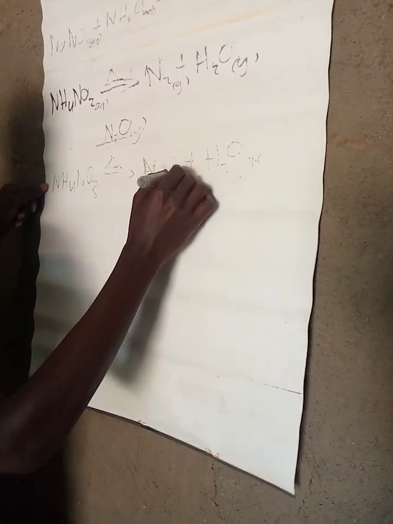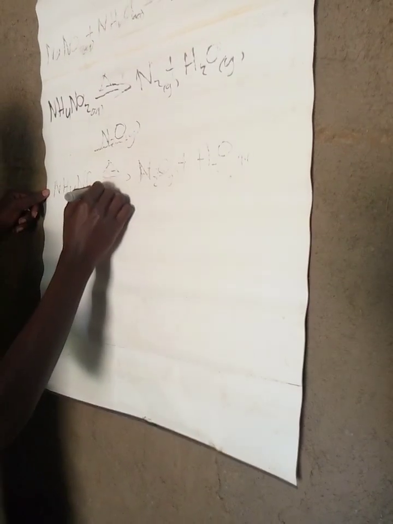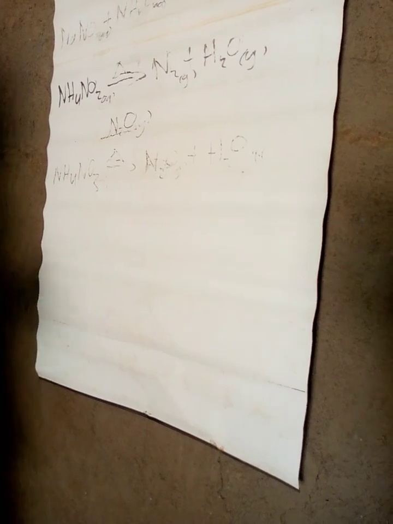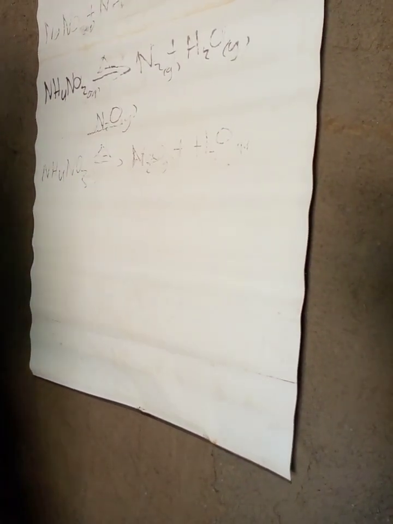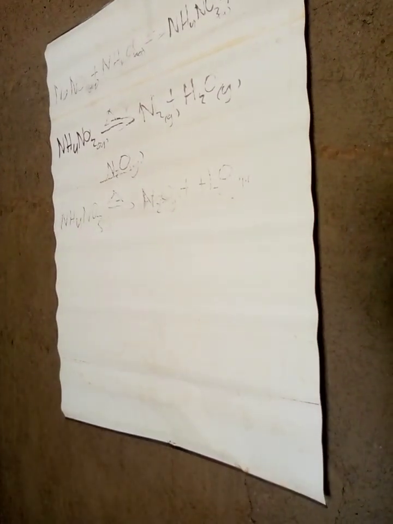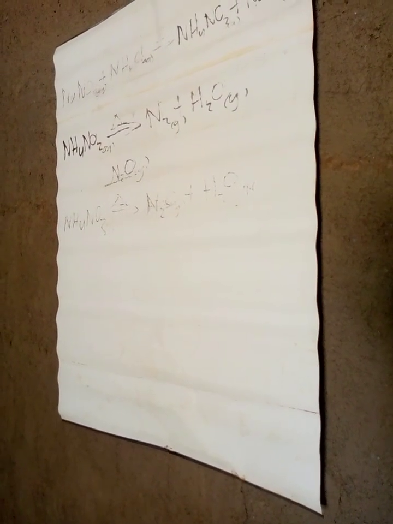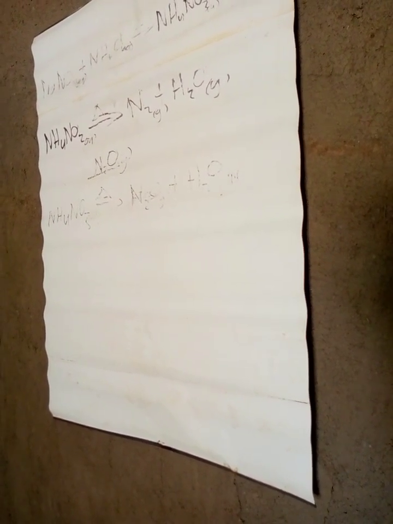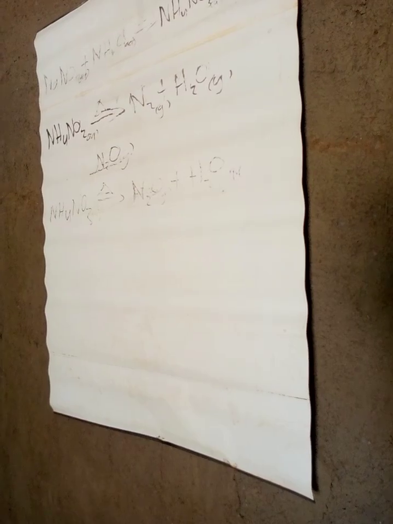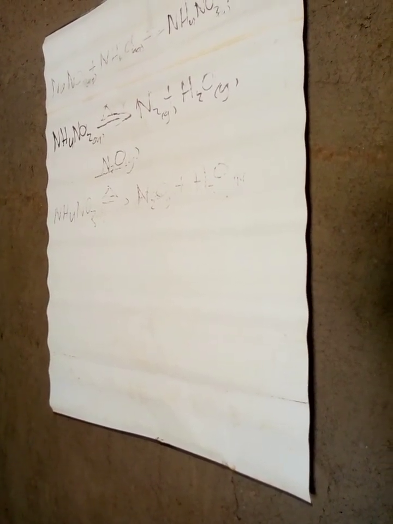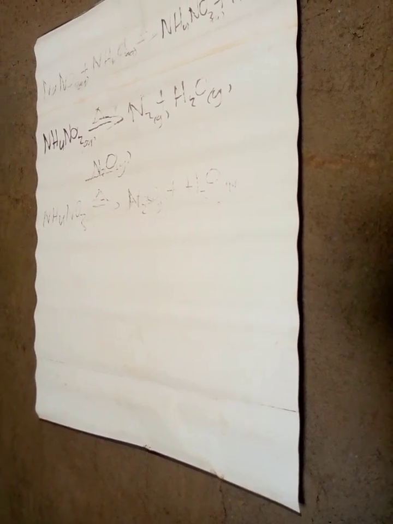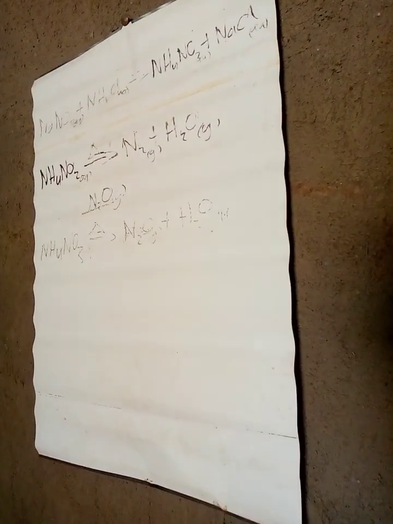Ammonium nitrate melts and decomposes on heating to form nitrogen 1 oxide and water. But this water is in gaseous state, that is steam.